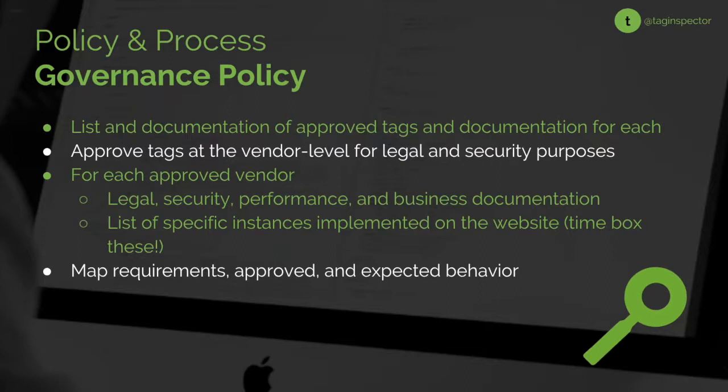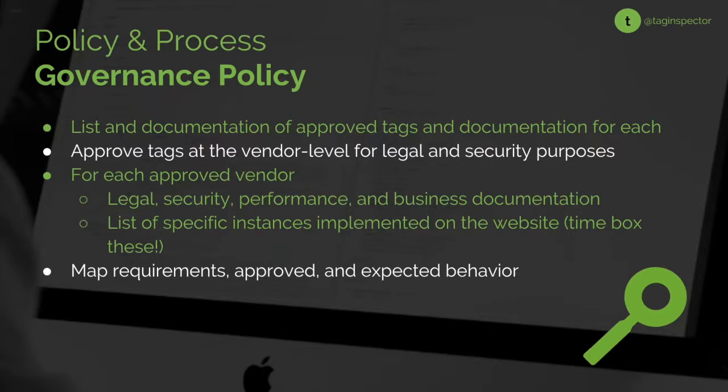But for your performance team, you can again have some standards at the vendor level. Then for the data and the business teams, we also need to have the data collection requirements, the parameter requirements and the data needs outlined for each of the specific instances.